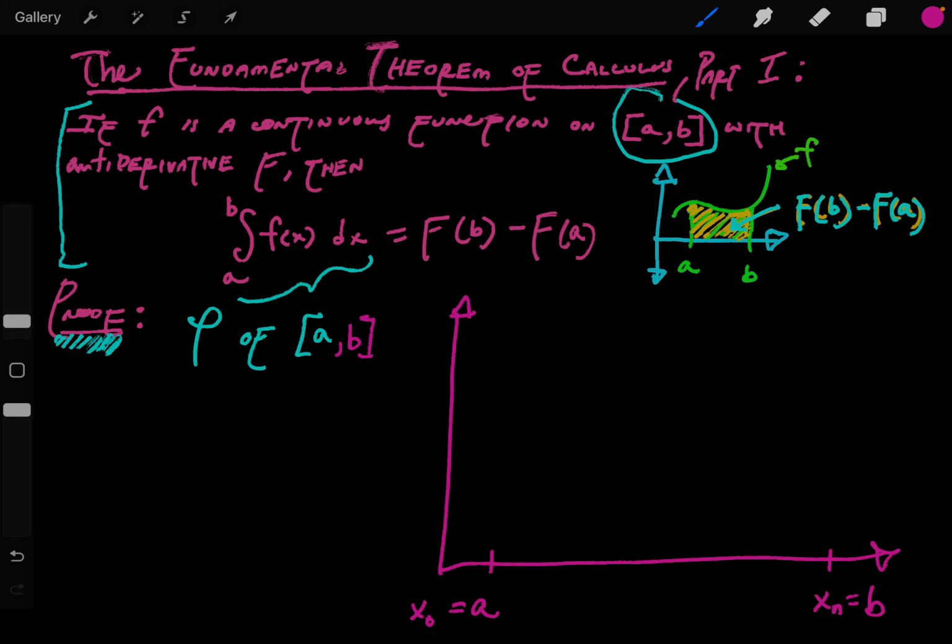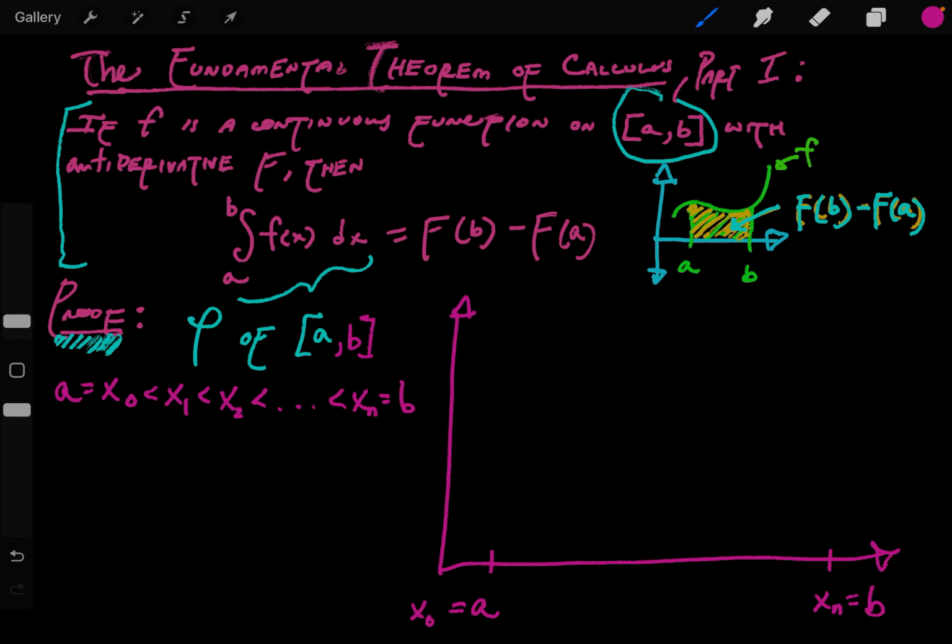So I start off with some partition P, given by a equals x0, less than x1, less than x2, less than dot dot dot, less than xn equals b. That'll be my partition.